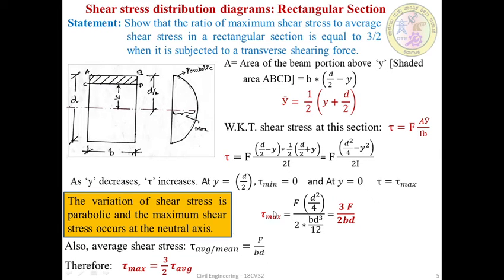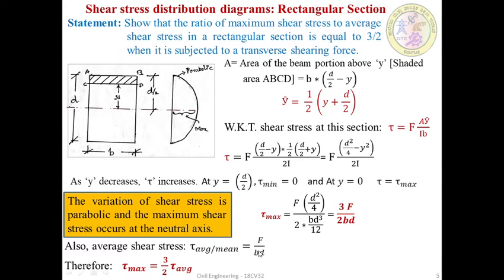So now we can write down that tau maximum, at y equal to 0, is 3F divided by 2bd, substituting the value here. Also the average stress, tau average, is F divided by bd. This is the general formula: force divided by area, as per the definition of average or mean stress.